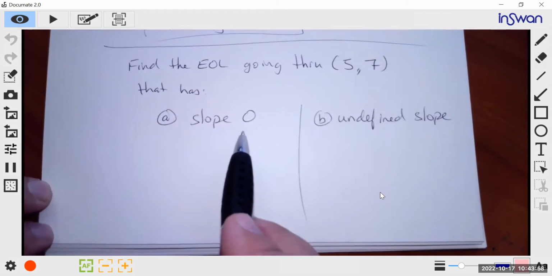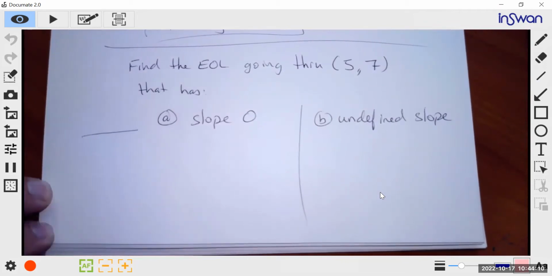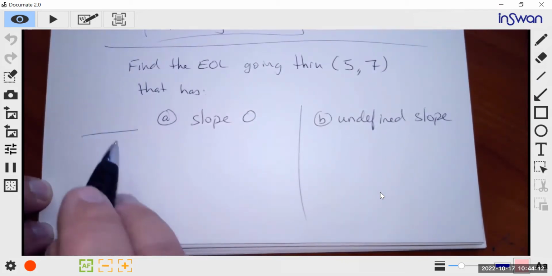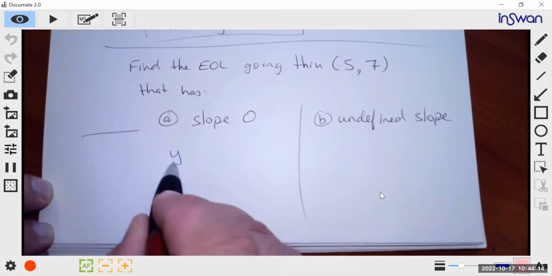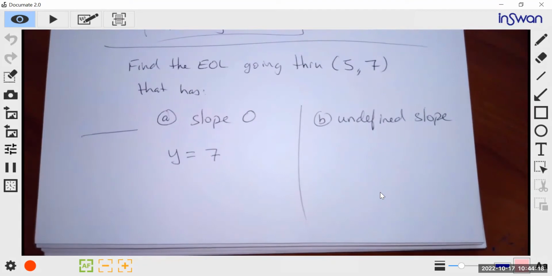If a slope is 0, what does that mean? What kind of line do we have? The slope is 0, we have a horizontal line. If it's a horizontal line, then the equation is simply the y value, the y-intercept.